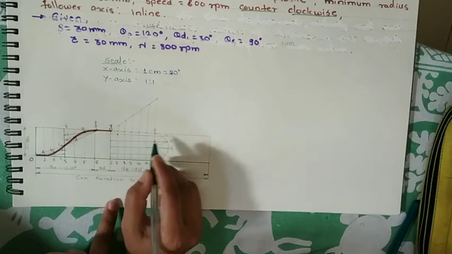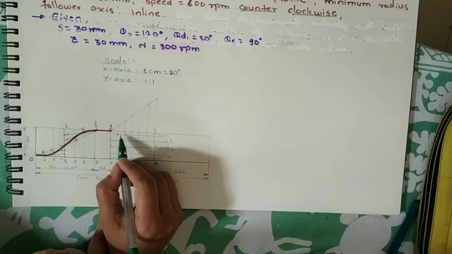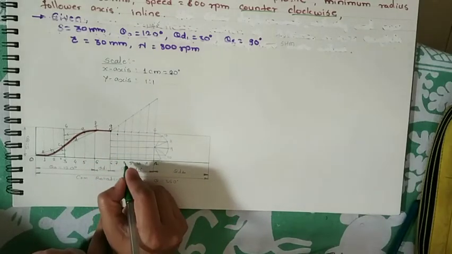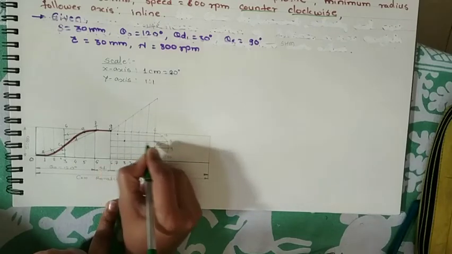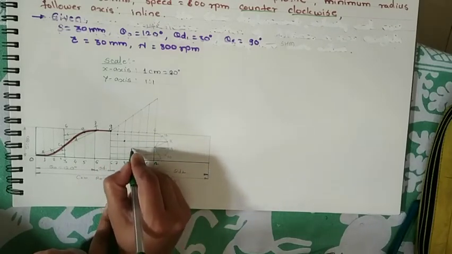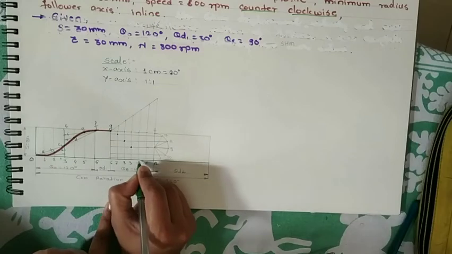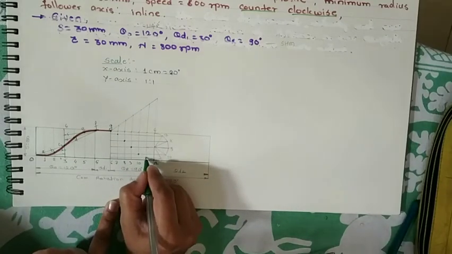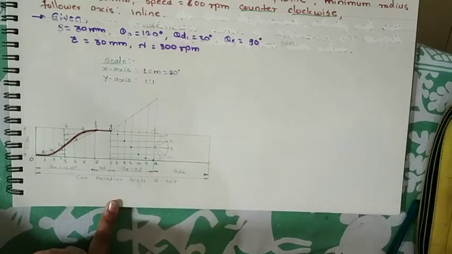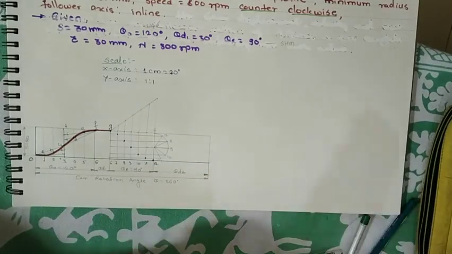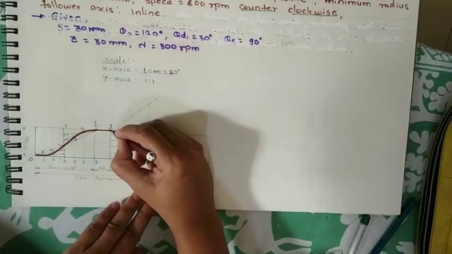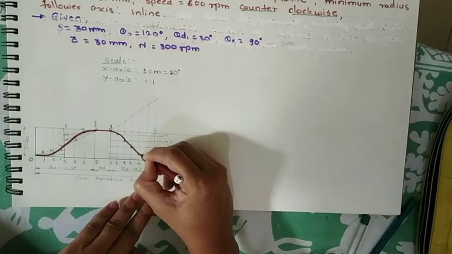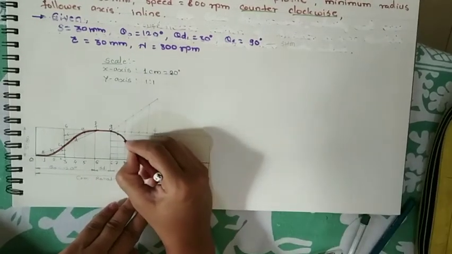So this G point is the first point. Then the number 7 horizontal and number 7 vertical line. Similarly 8 horizontal and 8 vertical. Similarly, for the next horizontal and vertical intersections, mark those points. Similarly do it up to the end point, and after that just join all these points with a smooth curve.